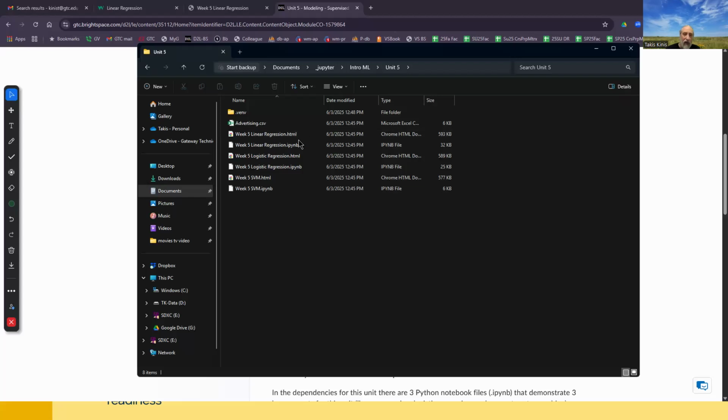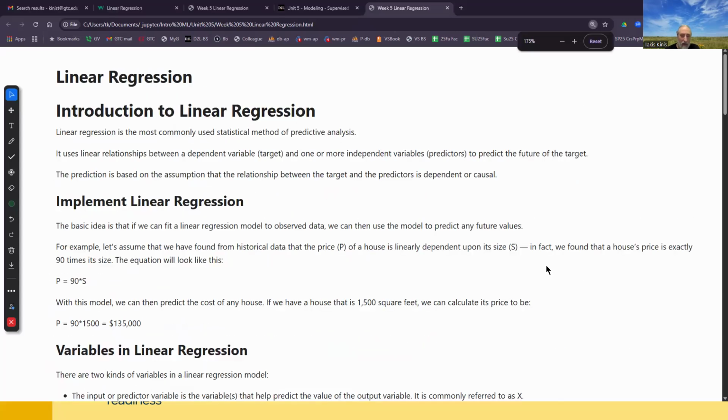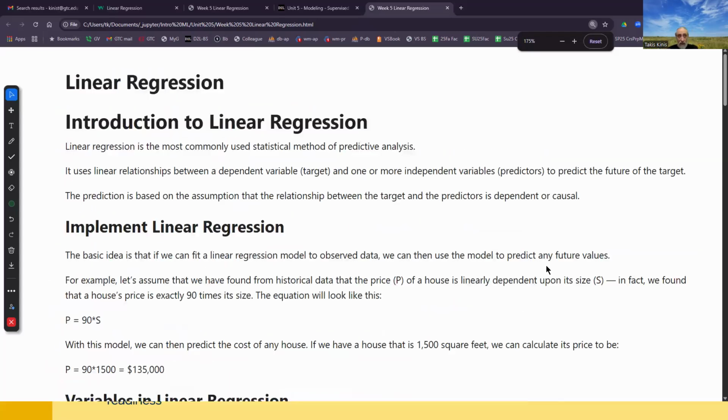But they also have what they call an HTML version, which if you double click that and bring it up in your browser, you will see this. And what they've done is they've summarized the key concepts here in this file and given you shots of what's in the notebook file so we can see the output, right?